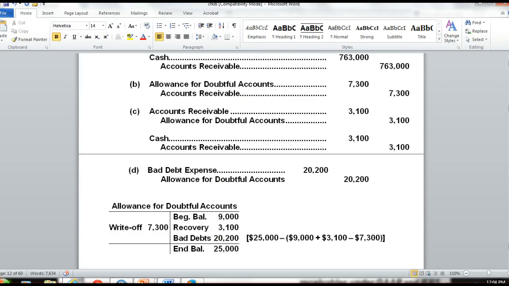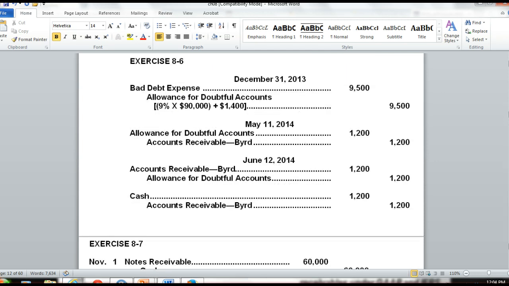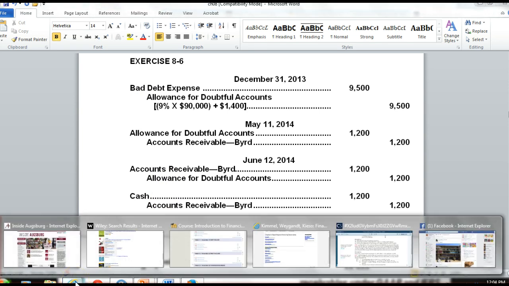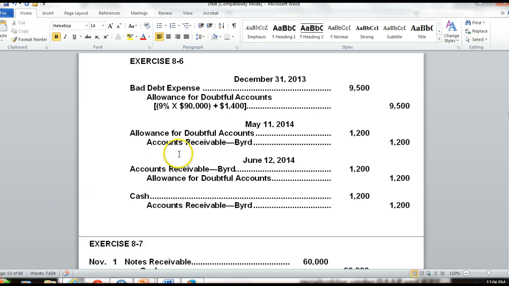So let's look at exercise 8.6. You see here, we'll start with our $1,400 debit balance, but then we're going to need to add $8,100 to this because we need to end up with $8,100 at the end of the period.